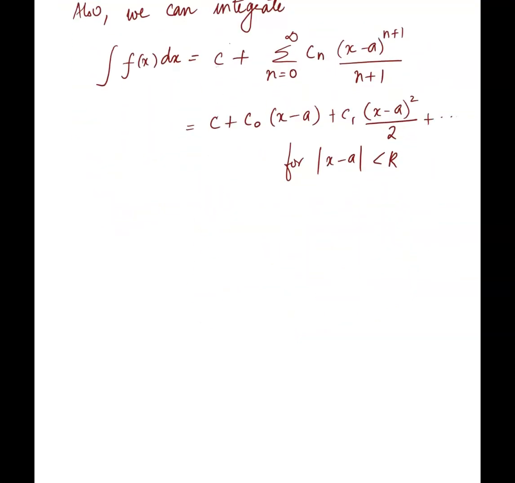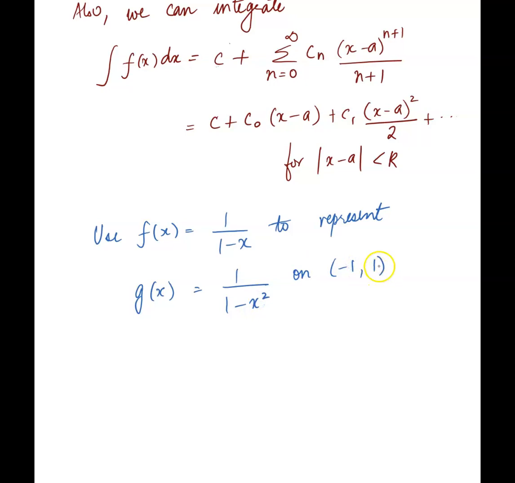Okay, time to do a problem. Use f of x equals 1 over 1 minus x to represent g of x, which is 1 over 1 minus x squared on negative 1 to 1. Again, we're playing with the same stuff we've seen before, right? But this is a little more interesting because there is a connection you can see between f and g. If you look closely, g is actually the derivative of f, isn't it?